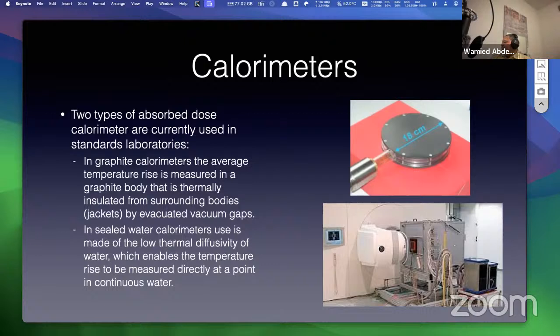Of course, if the water itself is moving, that could generate heat even larger than what's produced by the radiation beam. That's why these devices are very bulky. Usually, you cannot use them in the clinic. They're used at standards laboratories.